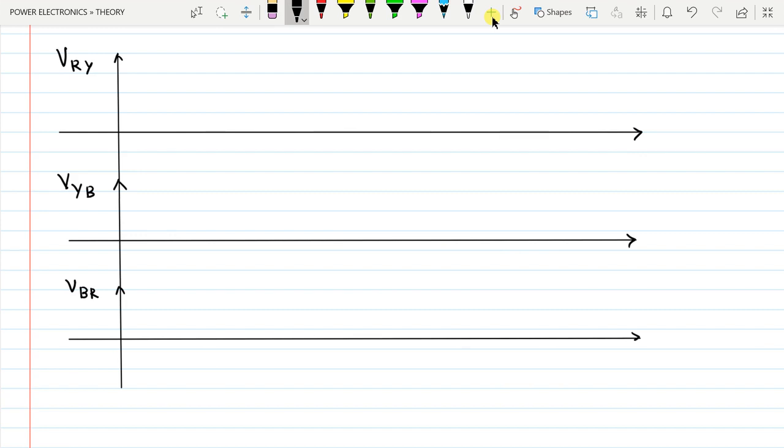Again 0, 60, 120, 180, 240, 300, and 360. Plus V by 2, plus V, minus V by 2, minus V.